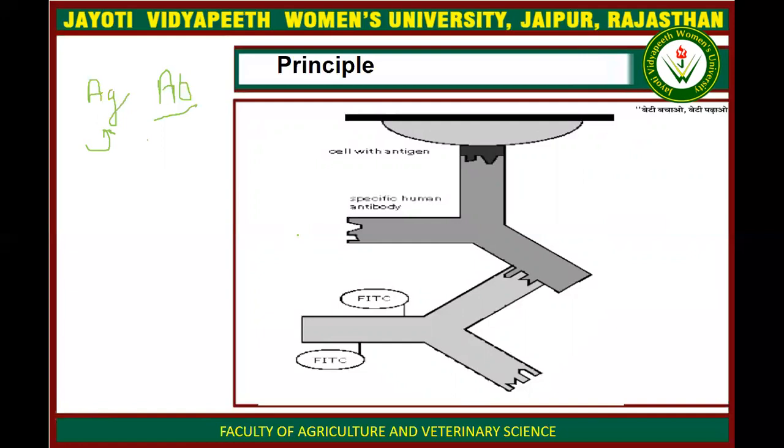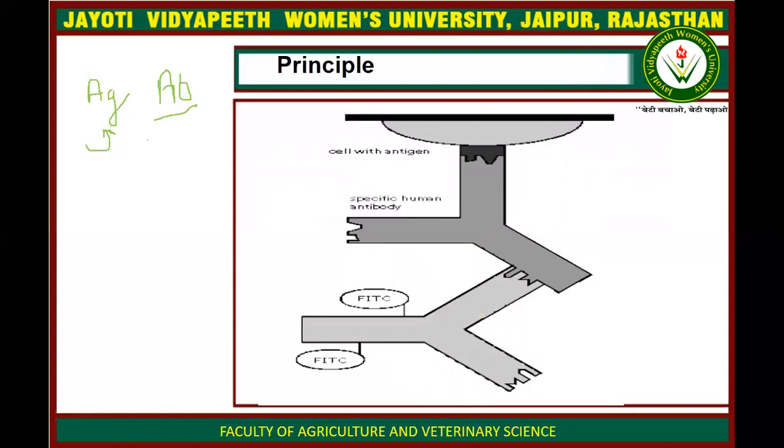In this diagram, we can understand that this is the antigen, and this is the epitope of this antigen. This antibody binds to this epitope of the antigen, and another antibody labeled with a fluorescent tag binds to this antibody, and this antibody is specific for the Fc portion of the first antibody.